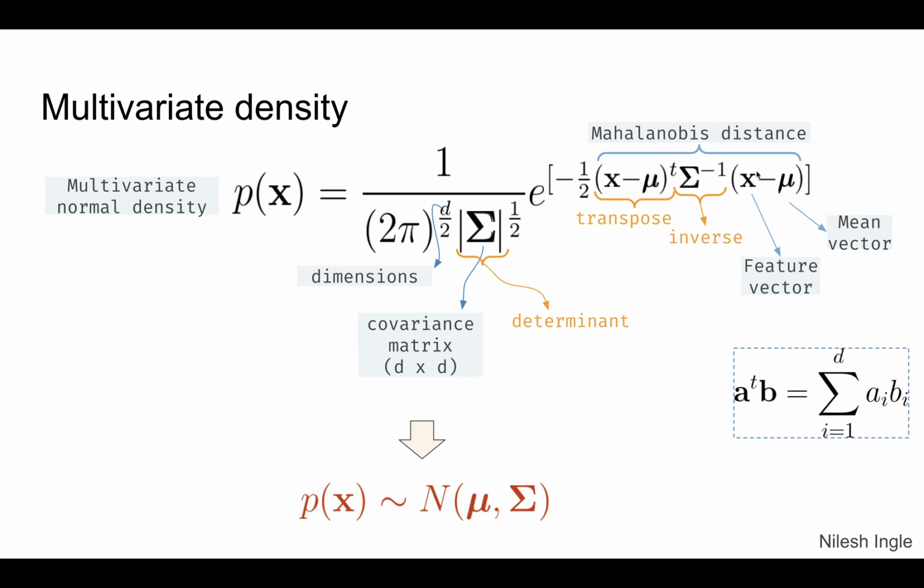That is calculated by this particular equation here, where we have the inverse covariance matrix in this particular product. x is the feature vector, mu is the mean vector, and this T denotes the transpose for this term here. Now, this particular expression can be represented in the notation shown here in dark orange below, N of bold mu, bold capital sigma.